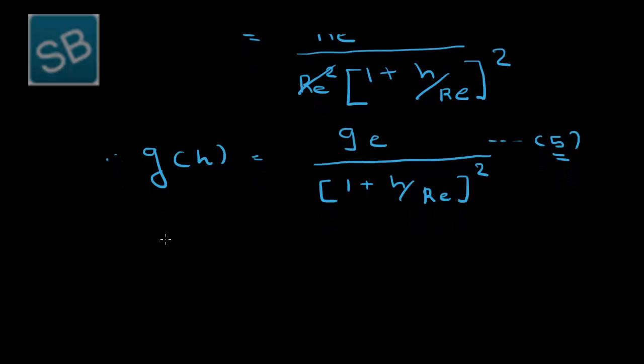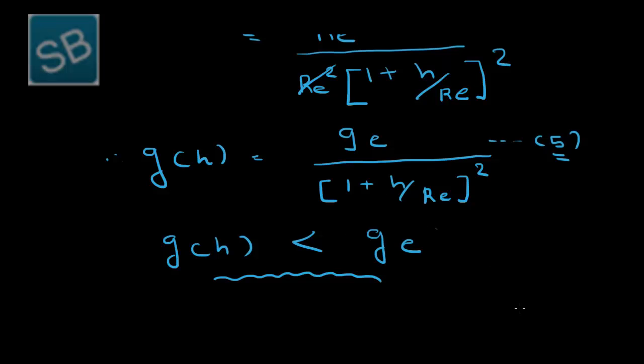So from this I can write down that the value of gravitational acceleration at height h is less than the simple gravitational acceleration, and so the variation is in this way. Whenever the body is put outside the earth, as the distance increases, the value of gravitational acceleration is decreasing.